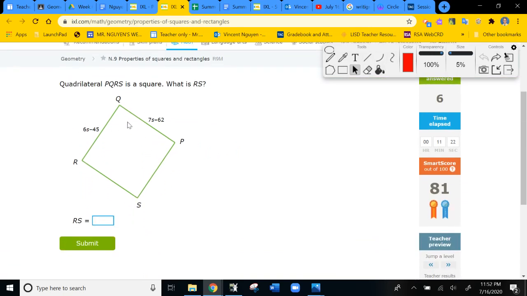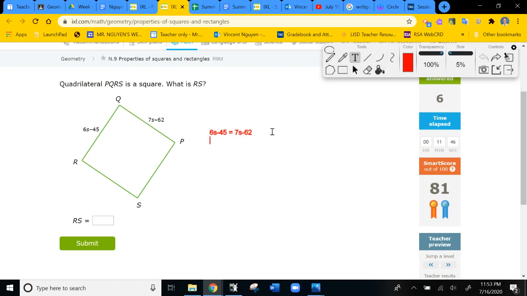Again, these two are equal, so we set them equal. What is RS? Oh, this problem is actually asking for the whole segment, so let's do one of them. The sides are congruent, so I'm going to set them equal: 6s minus 45 equals 7s minus 62. Here we have 6s over here and 7s over here.